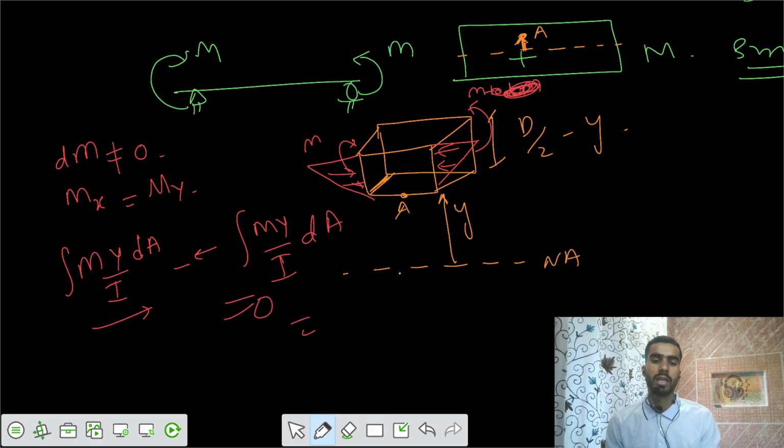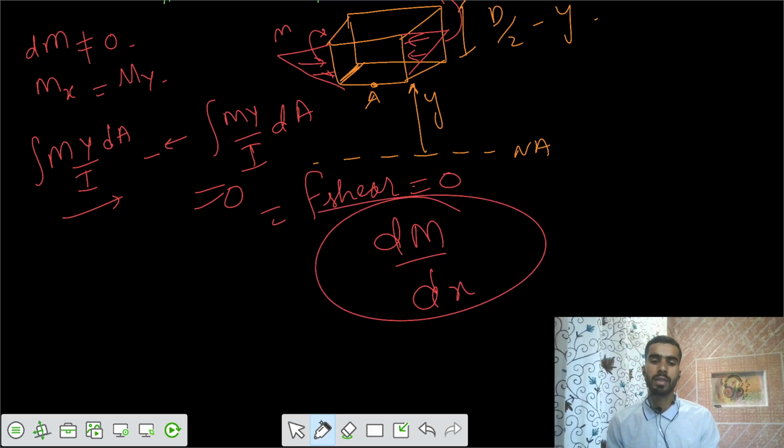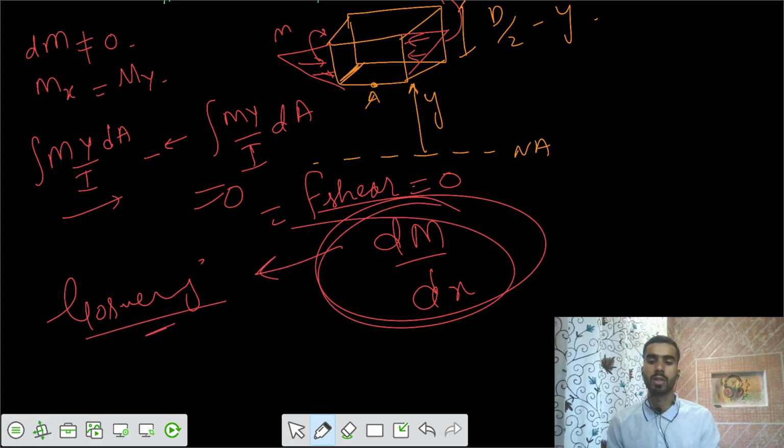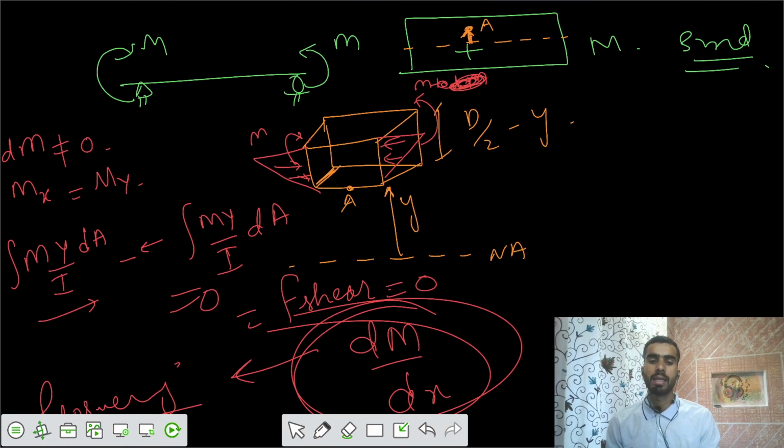That means there should be no shear force, because there's no change in bending moment along x. That was the governing equation of the SFD: dM by dx equals shear force. So this is one more proof that the change in bending moment gives you shear force.